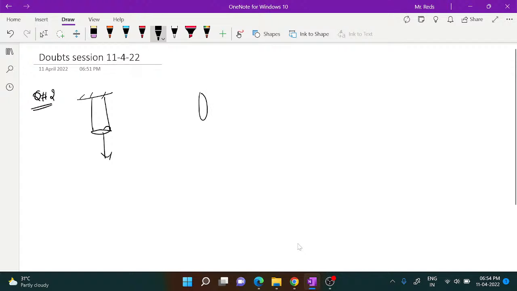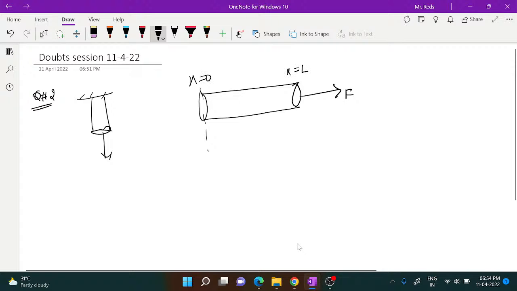Otherwise, you can simply consider this is a wire, and at this end we are applying the force F. Let us consider this is x equal to 0 and this is x equal to L. It has length L and mass M. Then find the stress in the rope at a distance x from the end where the force is applied. What is the stress at that point is the question.